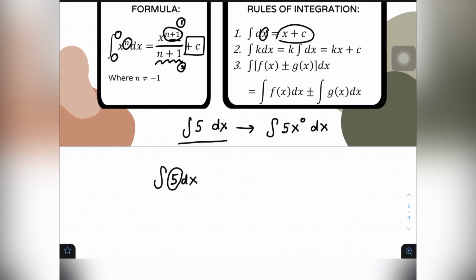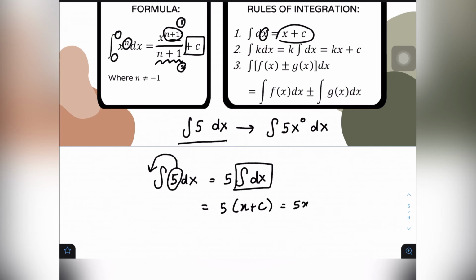Another way to integrate this type of function is to take your constant coefficient outside of the integral. So it becomes 5 integrate dx. And we know that the integration of dx gives you x plus c. So what you get in return is 5x plus 5c.